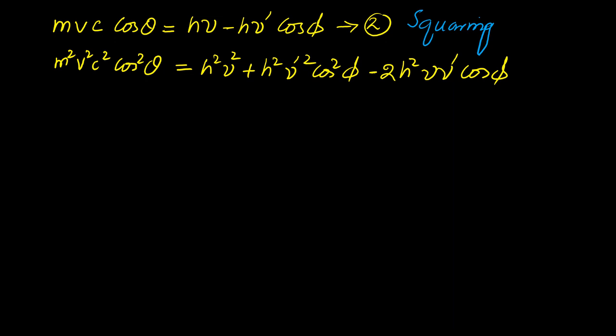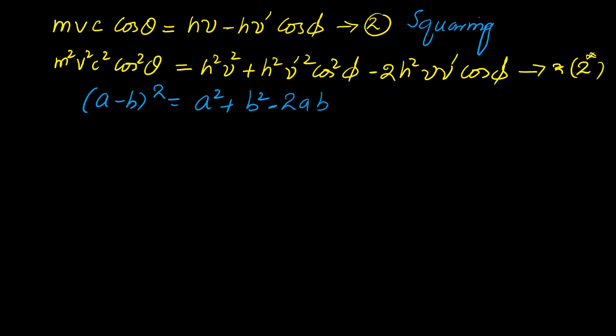Let us write this as equation number 2 star. Students, please keep in mind that we write this because of the formula (a minus b) whole square, which is equal to a square plus b square minus 2ab. So we have used this formula for squaring equation number 2.